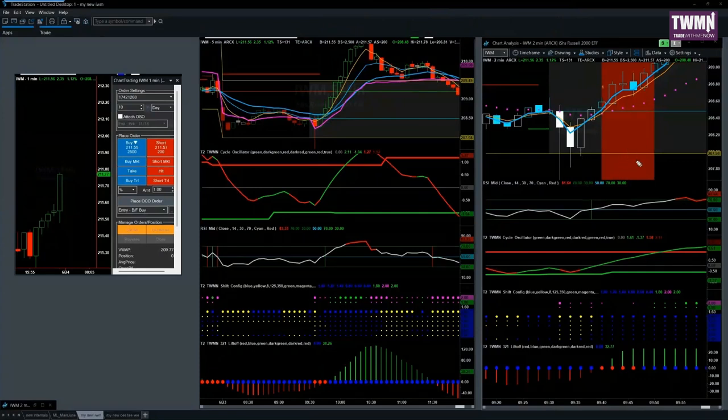This candle finishes. This one picks up where it finished, and it's above the close. That's the close. That's the open of the candle. That's the close. We're already above the close.